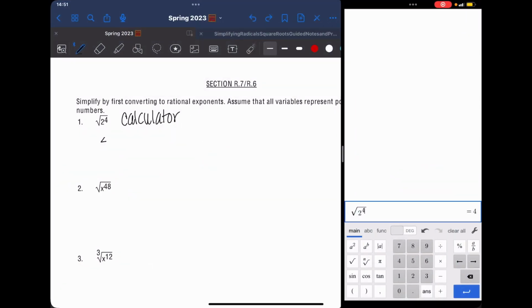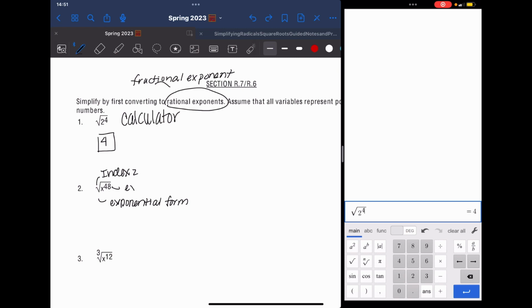Let's see. So, again, we're making rational exponents, which are going to be known as fractional exponents. And so when we look at the fractional exponents, we want to discover what our exponential form is going to be like. So in this case, we know that 2 is an index. Our exponent is the number underneath the radical sign, which is 48, and our base is going to be 2.